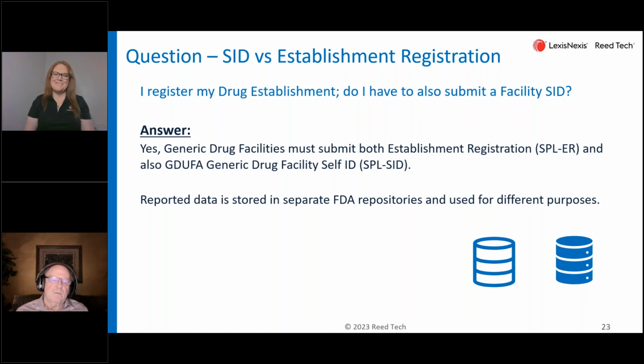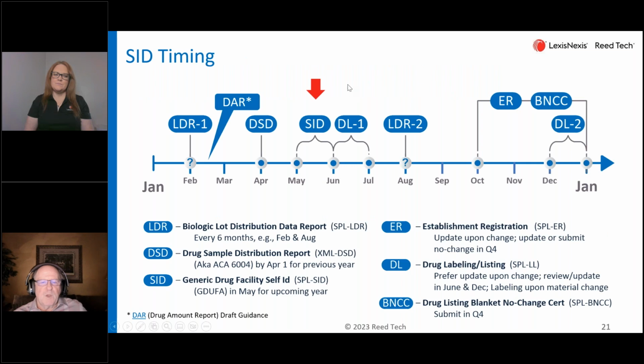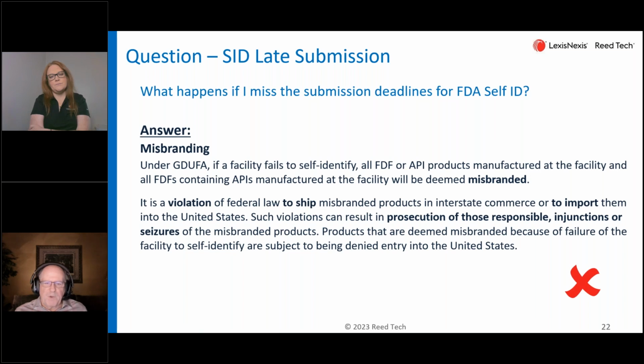Let me go back here real quickly while we're talking about time. Notice the self-IDs in the month of May, but the establishment registration is the fourth quarter, October to the end of December. So it's two different time periods, but you do have responsibility to meet both of those.